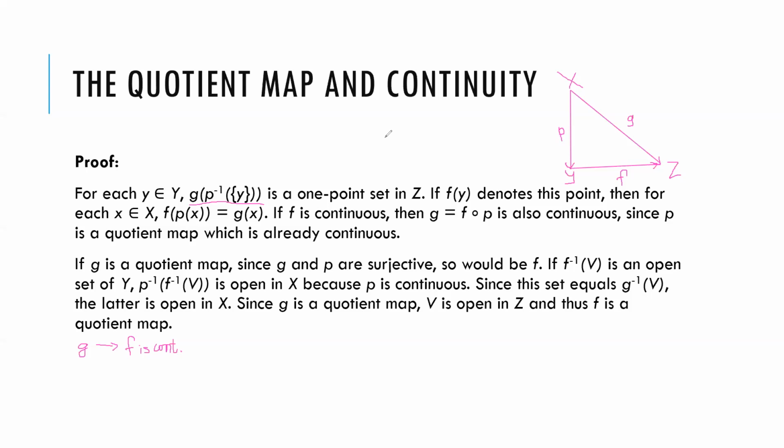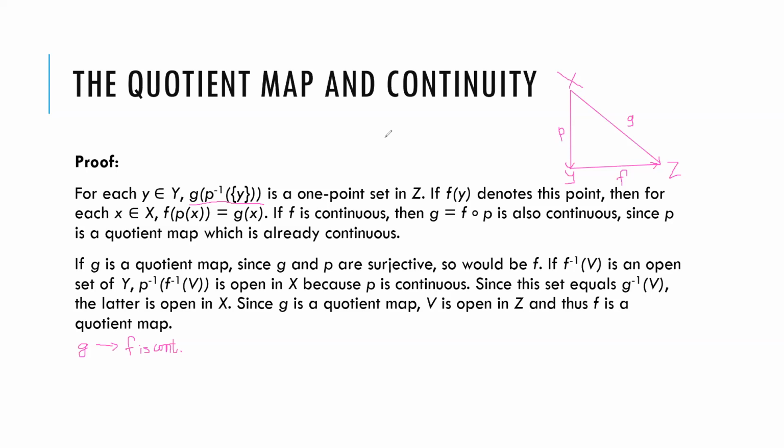Instead of saying that P of G inverse is open, you can go with G inverse of U equals P inverse of F inverse of U, and P inverse would be open. Can you say that again?